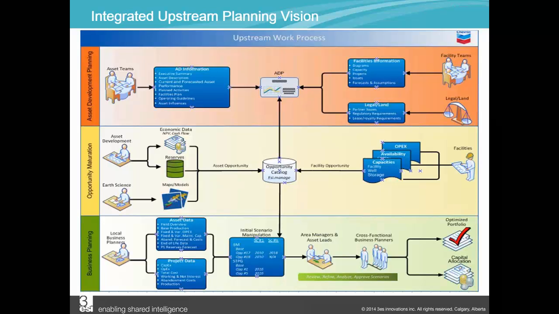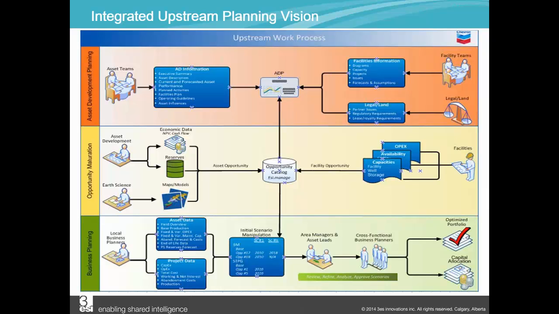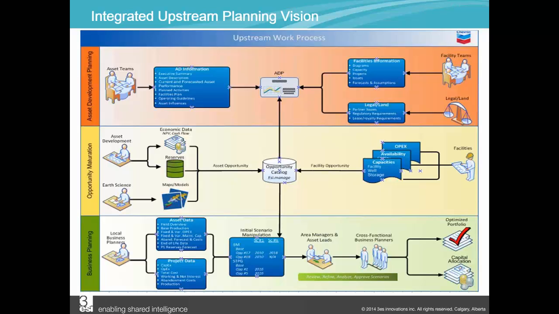The independent and redundant data sources would go away. The inefficiencies in the process would be significantly reduced, and the individuals could focus not on transferring information and looking for the data they needed, but on making those decisions necessary to deliver value to the organization.